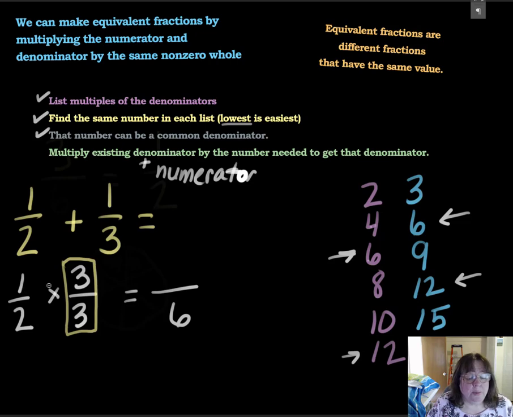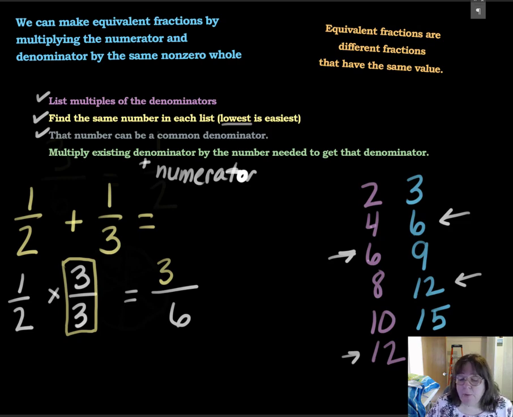So what this does is it helps us to find an equivalent fraction, a fraction that has the same value with different numbers. Okay, 1 times 3 is 3. So now we know that 1/2 equals 3/6.